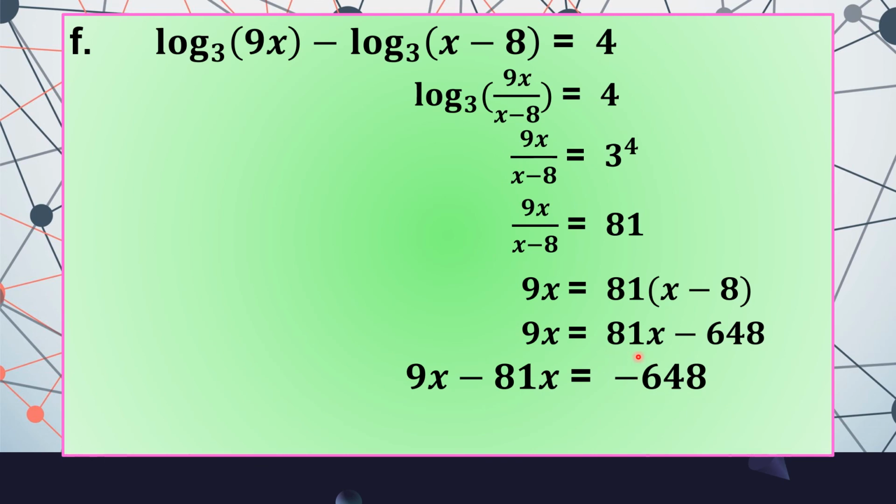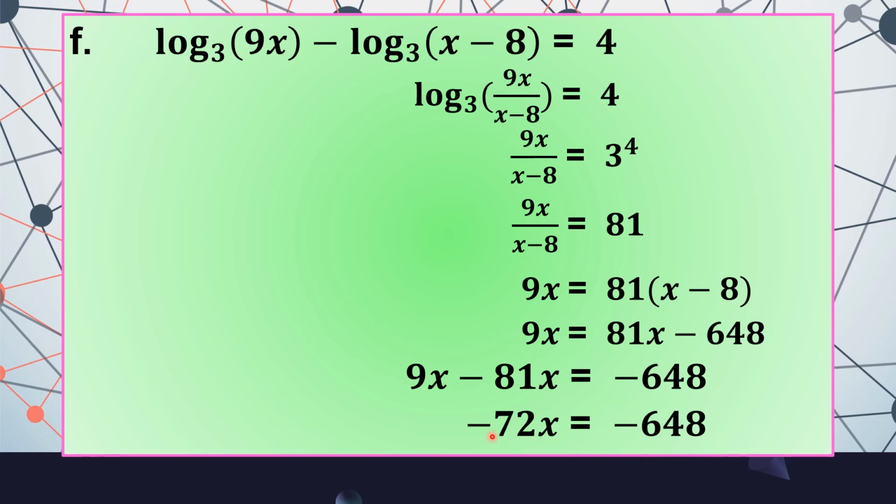Then, we need to transpose 81x to the left side of the equation. So, it becomes negative 81x equals, just copy negative 648. Simplifying this, we have 9x minus 81x is equal to negative 72x. Then, I just copied negative 648.